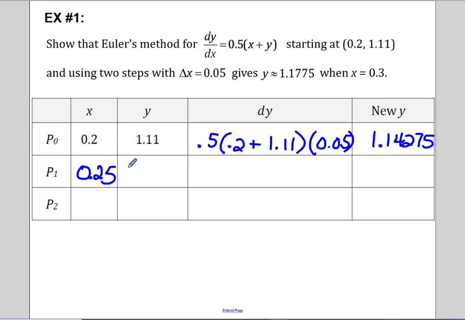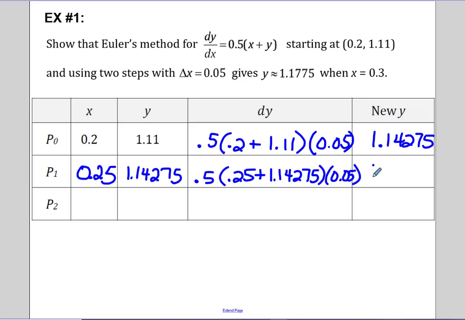So verify that I didn't mess up on that. So this is my new y, 1.1275. So following that same procedure, I'm going to take the 0.5x, x is a quarter, plus y, 1.1275, and multiply it by the change in x, which is 0.05. And we get 1.1775, which is what we want when we get to 0.3.